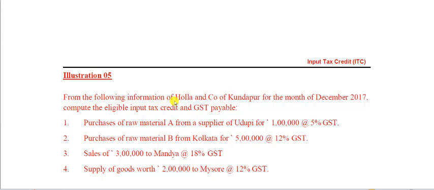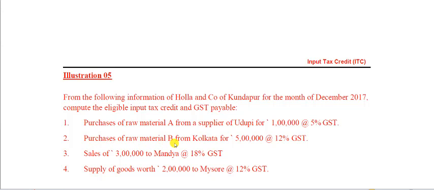From the following information of Holla and Company of Kundapur for the month of December 2017, compute the eligible input tax credit and GST payable. Purchase of raw material A from a supplier of Udupi for rupees 1 lakh at 5% GST.